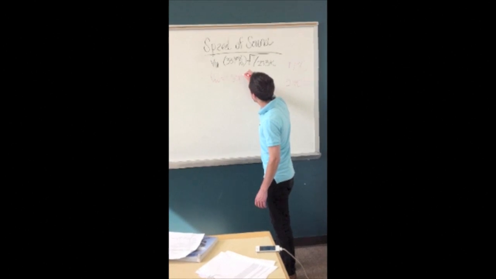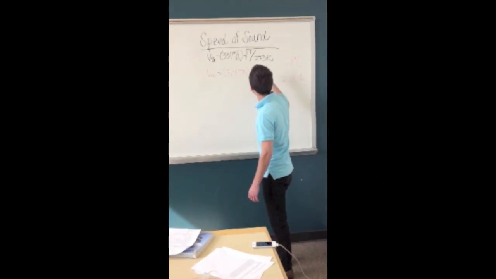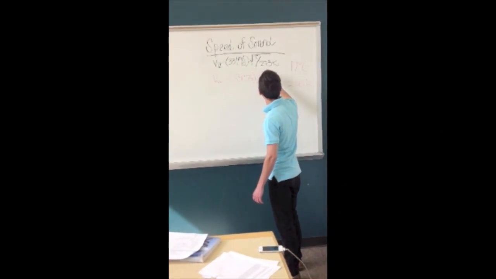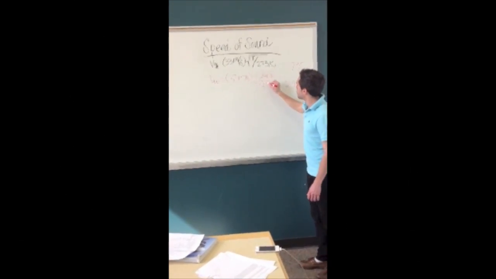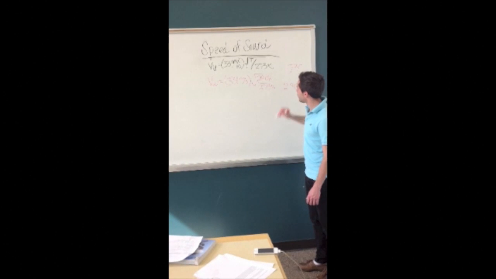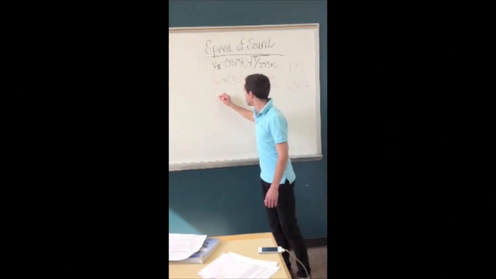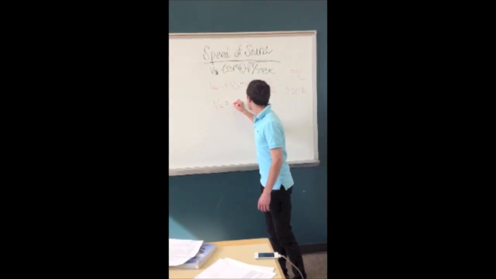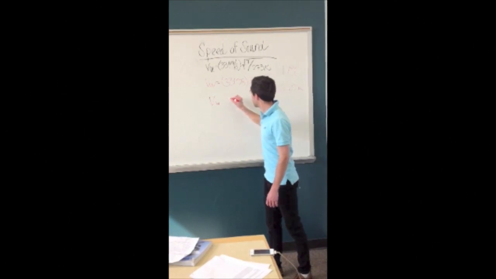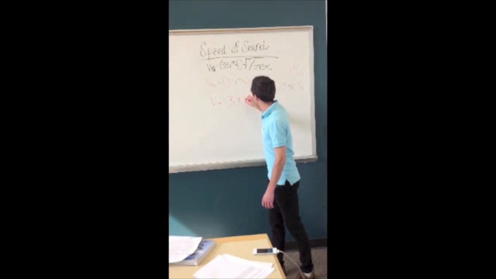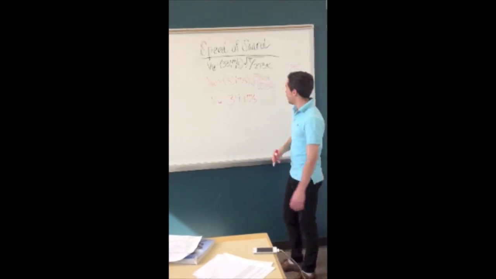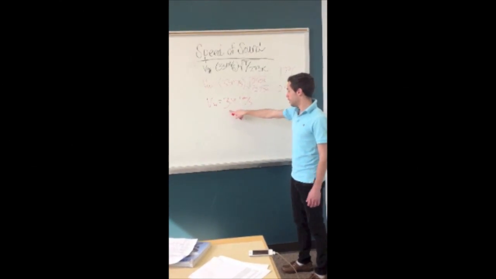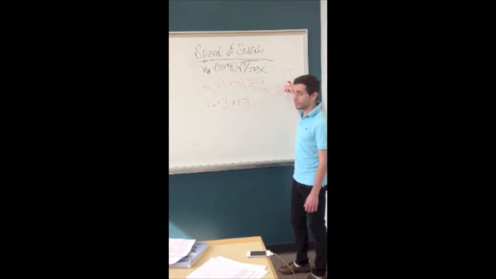So we just plug in our variables, divided by 273 Kelvin. And we solve for v_w, which gives us 341 meters per second. As you can see, speed of sound is faster in warmer temperatures.